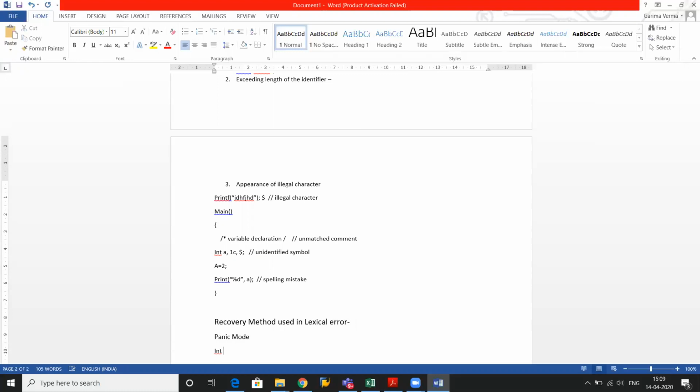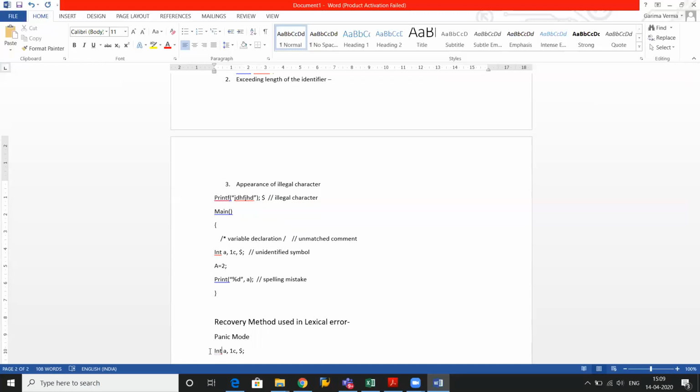it scans the line. I'm taking one example, then you will understand very easily. Suppose this is the line I have written in the program for the variable declaration. Now your compiler will start the scanning from left to right. So it will scan int, the integer keyword is correct.